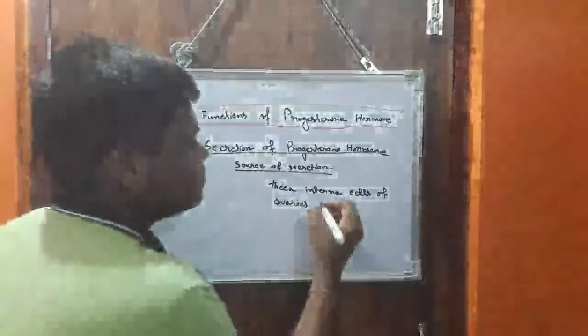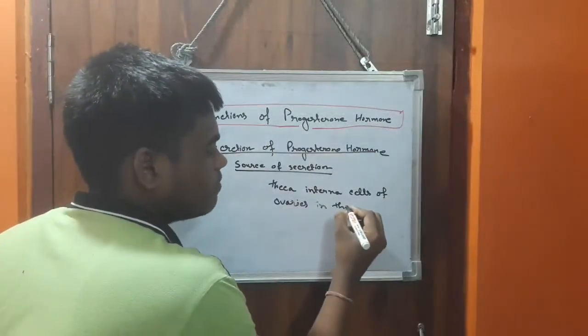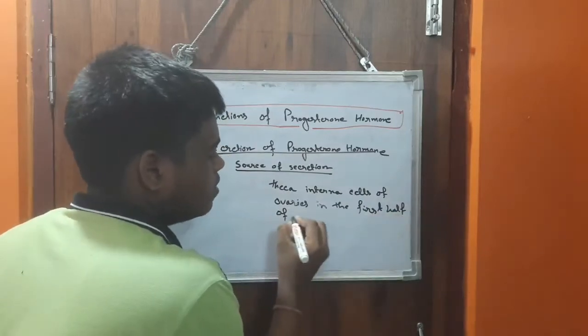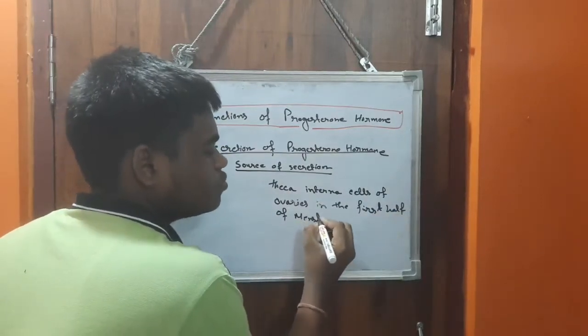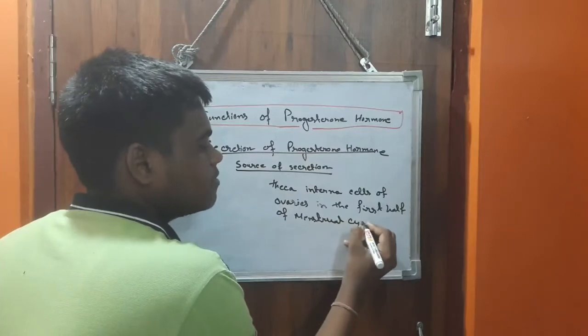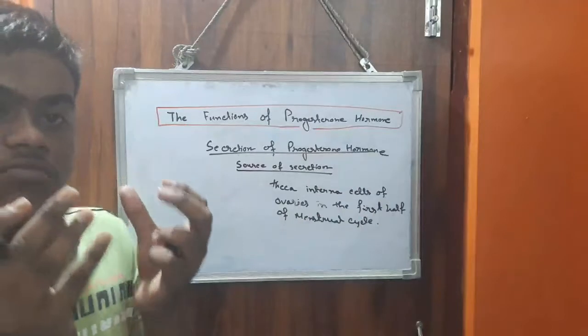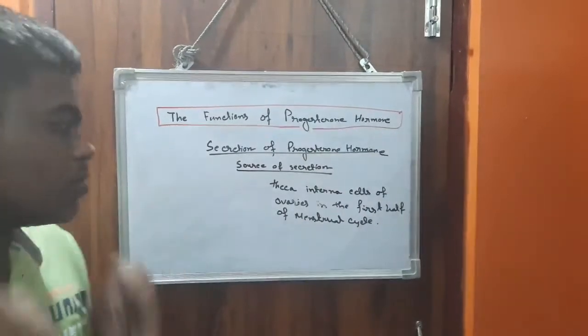In which phase? In the first half of the menstrual cycle, the theca interna cells secrete a small amount of progesterone.